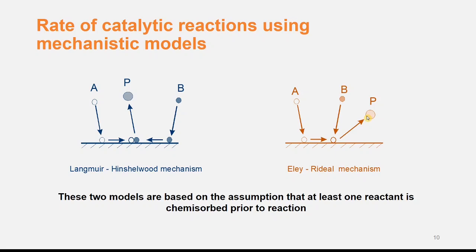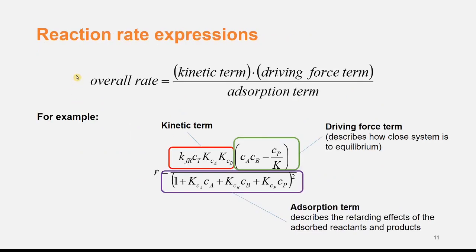We will talk about these mechanisms in detail, but for now, reaction rates are described more generally as follows. We can think of the reaction being controlled by three factors: the kinetic term, the driving force term, and the adsorption term.